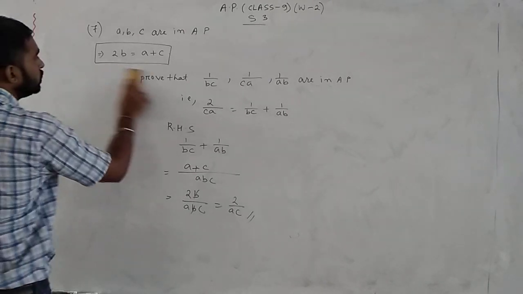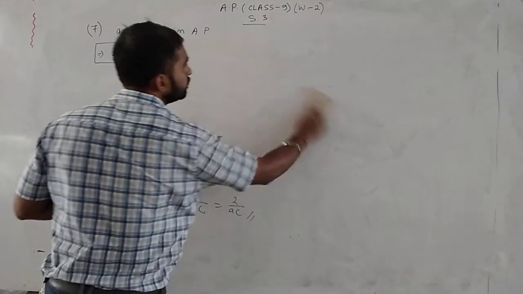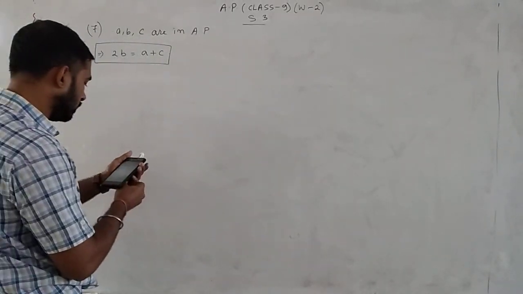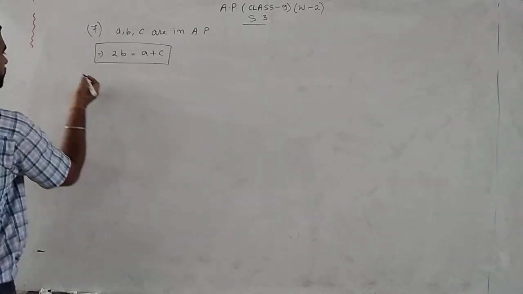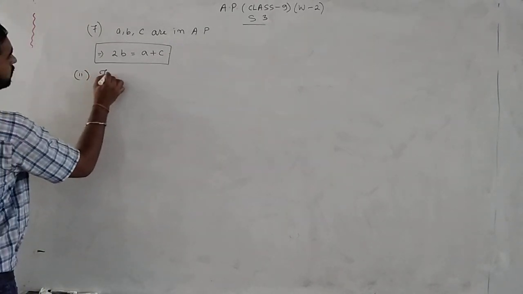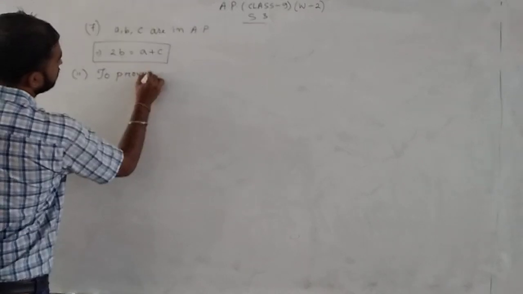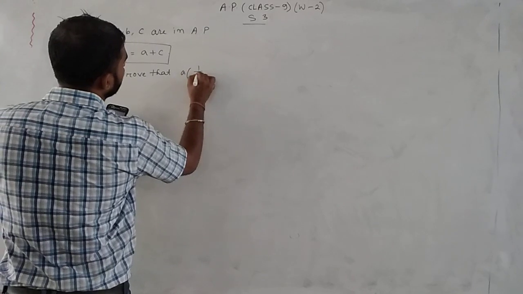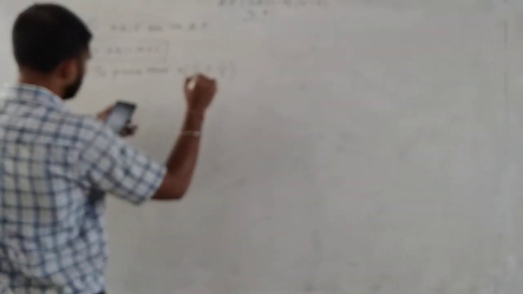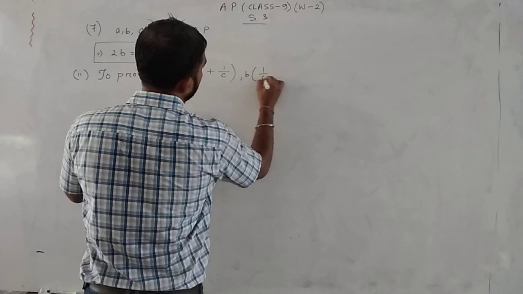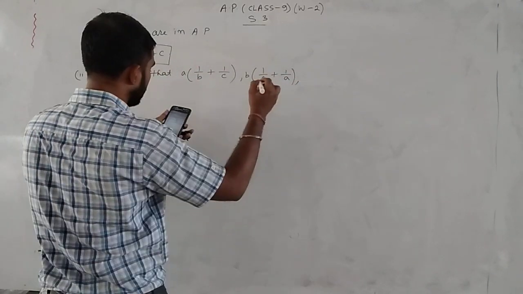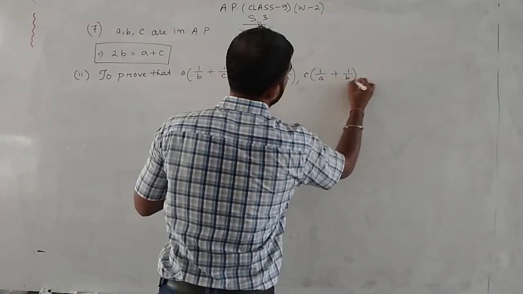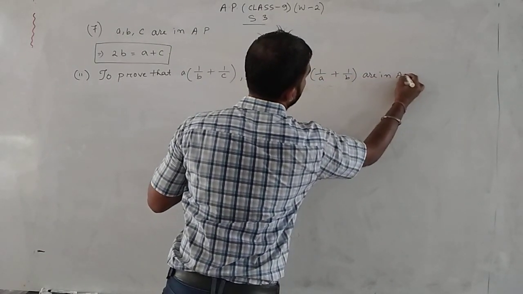Next is number 2. What is number 2? To prove that A into 1 by B plus 1 by C, B into 1 by C plus 1 by A, C into 1 by A plus 1 by B are in AP.